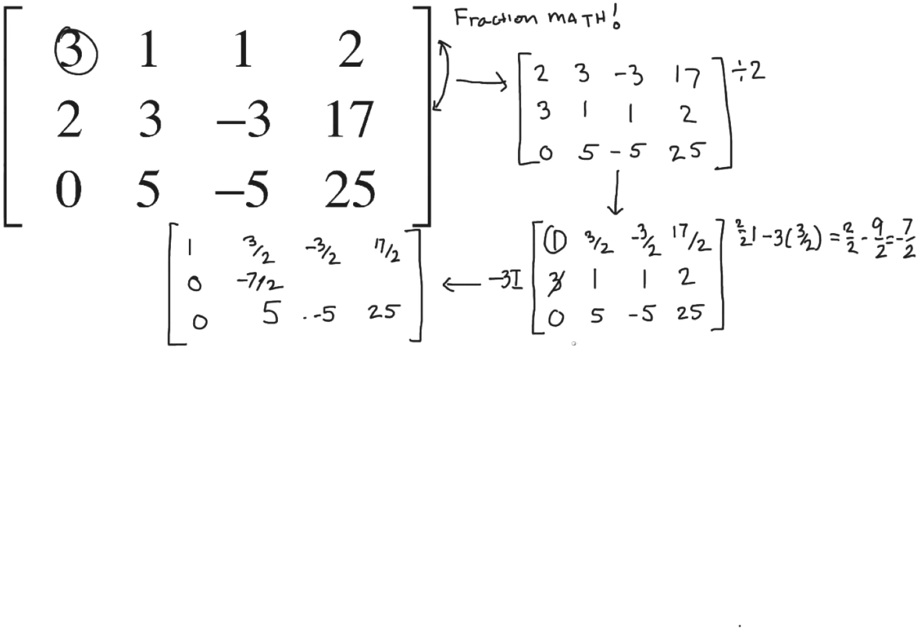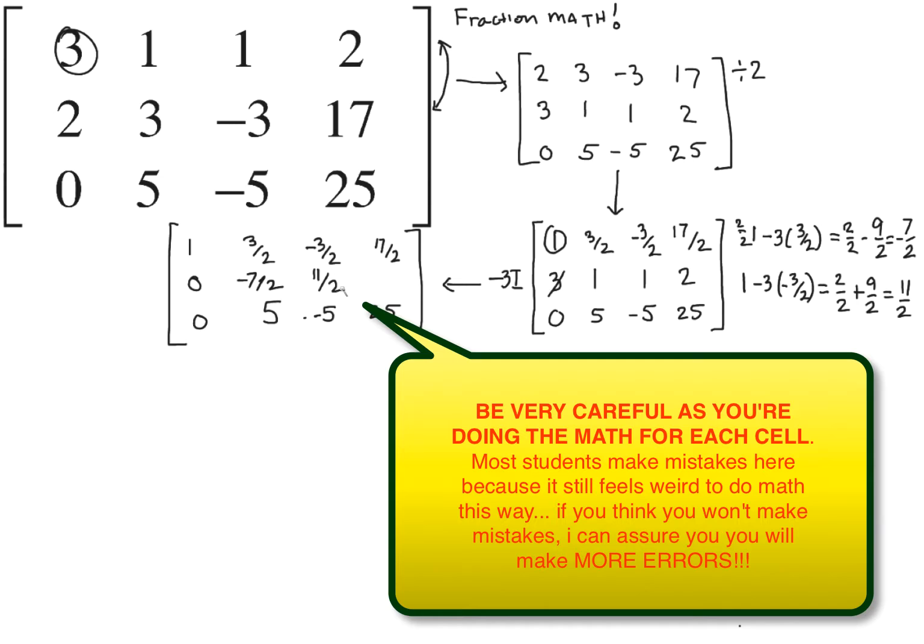Okay, next one is going to be, we've got 1 minus 3. This is minus 3 halves. And so since these are just by different signs, we can just say 2 over 2 plus 9 over 2. And that just gives us 11 over 2. Okay, so we've got 11 over 2.